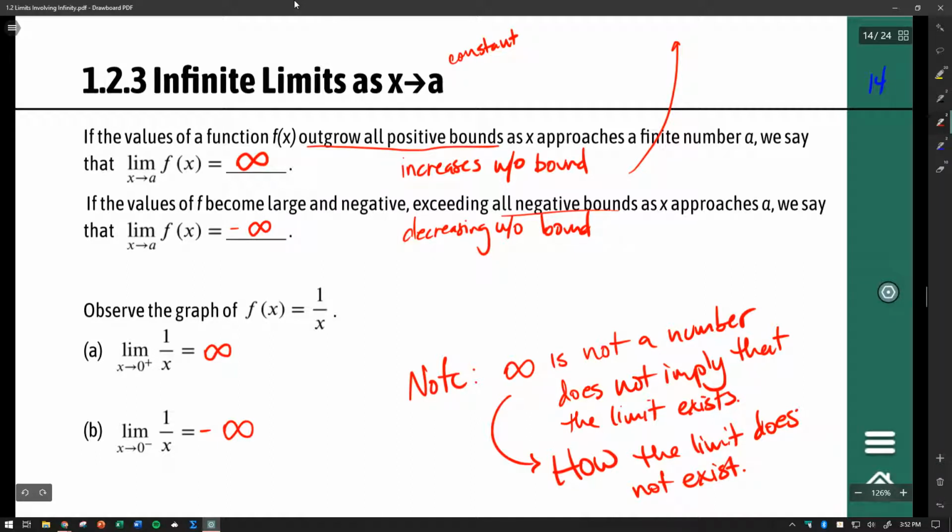So even though we put the equal sign here, what we're actually saying is that this limit does not exist, but this infinity is more specific. It's how. It doesn't exist because it's increasing without bound.